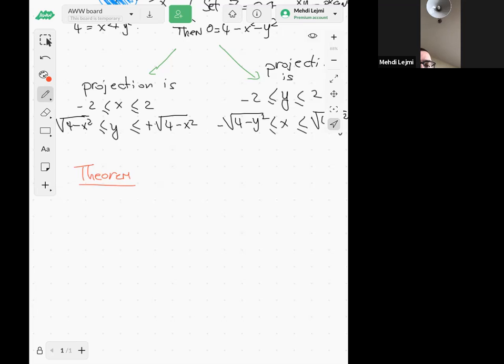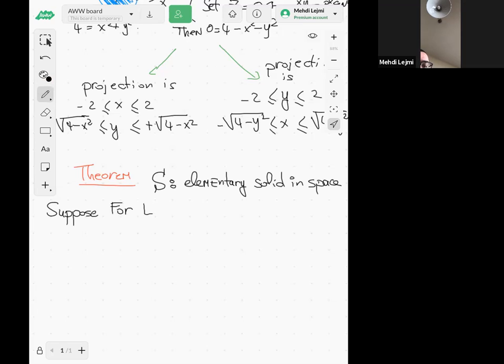So let's say we have this elementary solid S in this space. For example, suppose that S is of type 1.